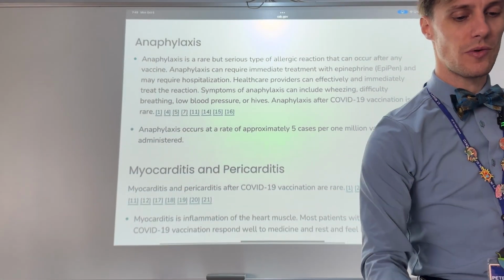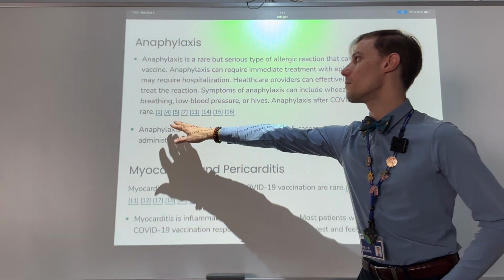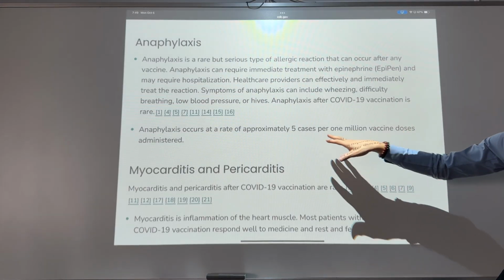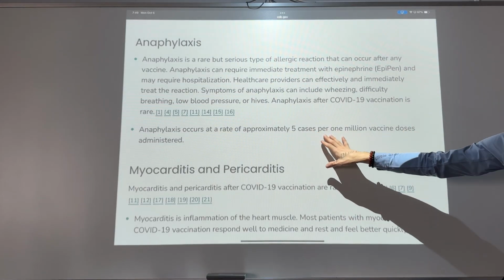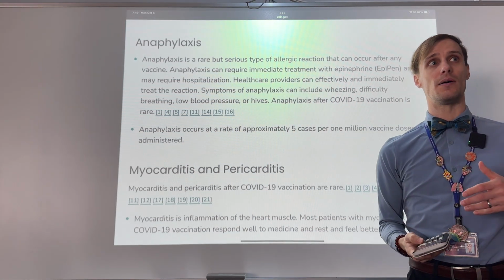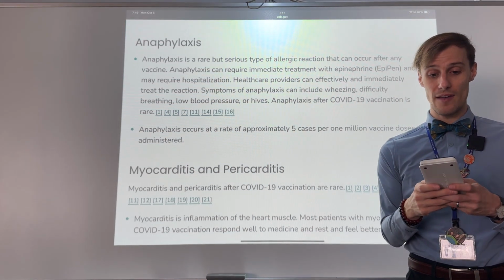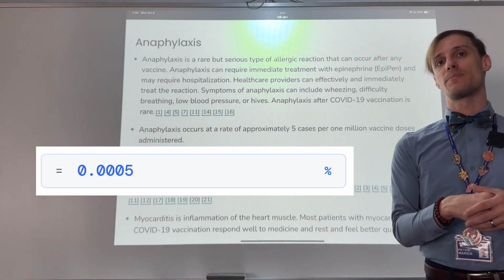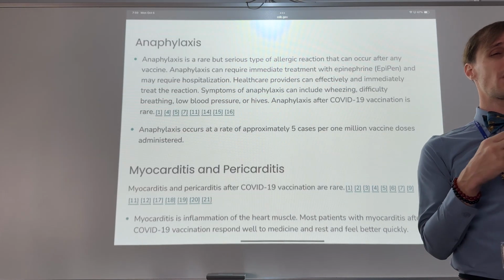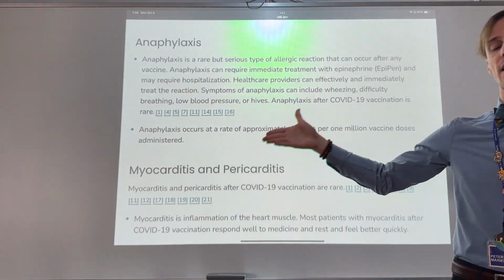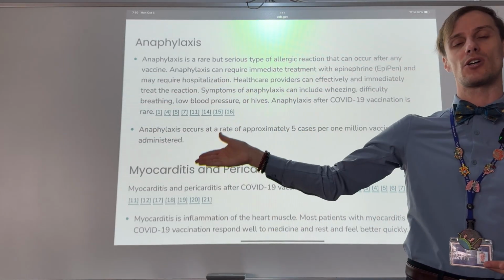But if we go down to anaphylaxis, here are a number of studies showing that it is extremely rare, and the figure that they reported is 5 cases out of 1 million is where we would expect this type of side effect. So 5 out of 1 million, that is a 0.0005% chance. So that is an incredibly low figure, and this was being conflated to be like, see, vaccines are causing people death, vaccines are causing these problems.